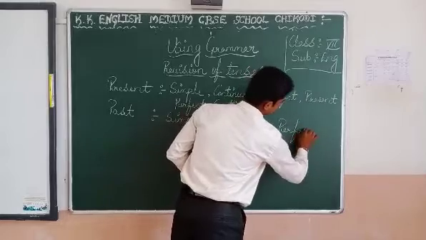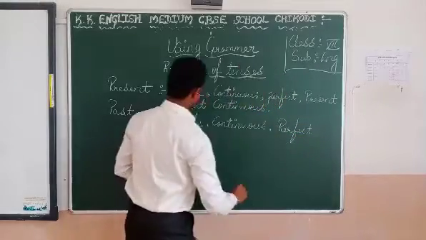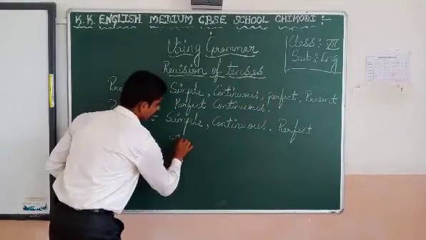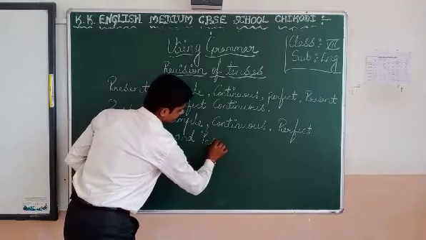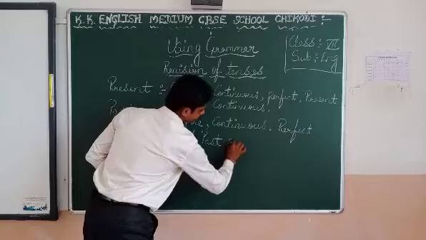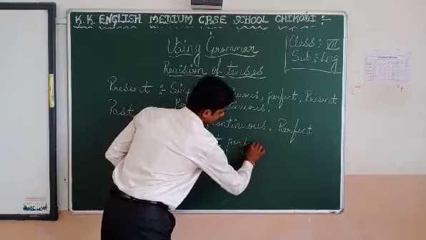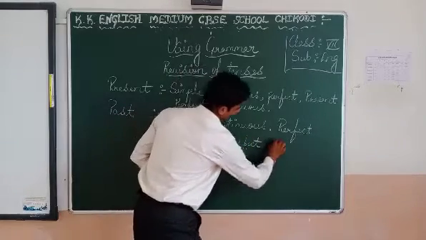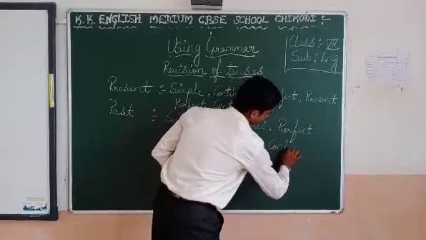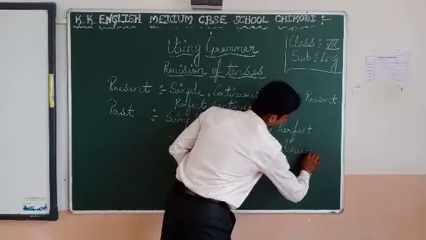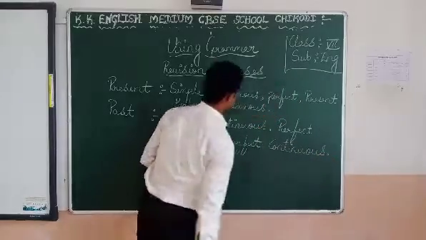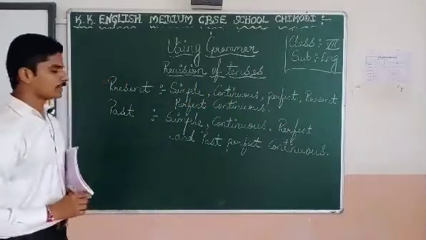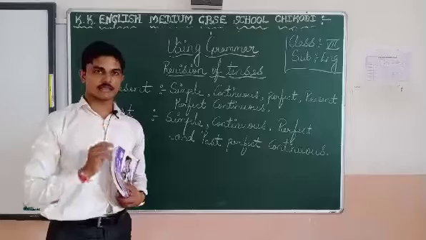And at last, what do we have? Past perfect continuous tense. Okay, so these are the four forms of the past tense.